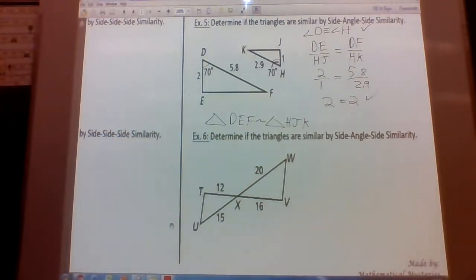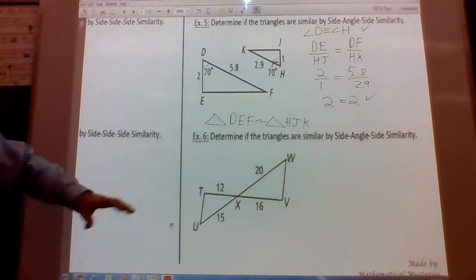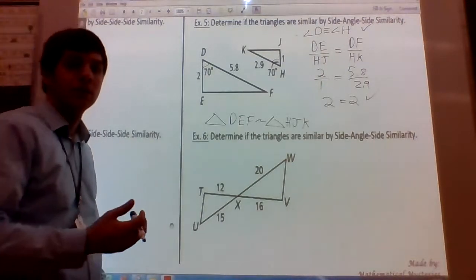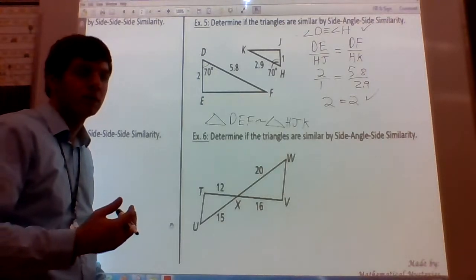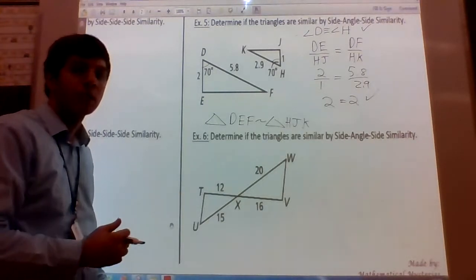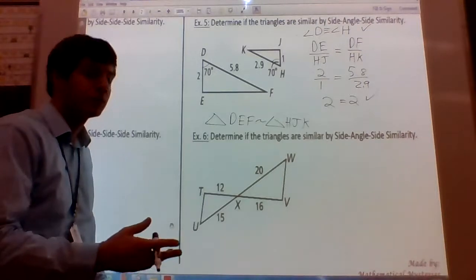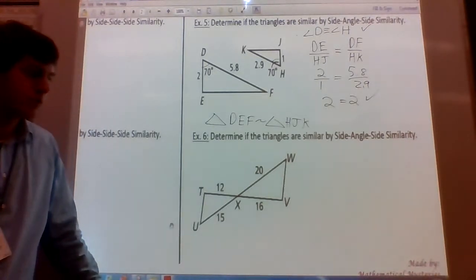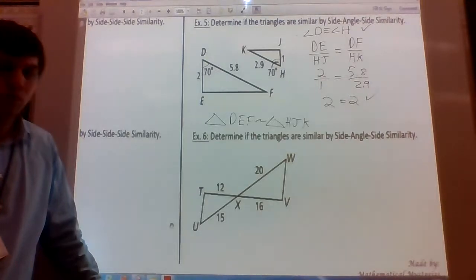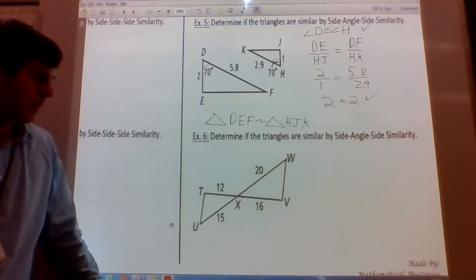Okay. Example 6, determine if the triangles are similar by side angle side similarity. So we need to find one pair of angles and show that they're congruent, and then we need to find the sides that make up that angle. We need to show that two pairs of corresponding sides are proportional.